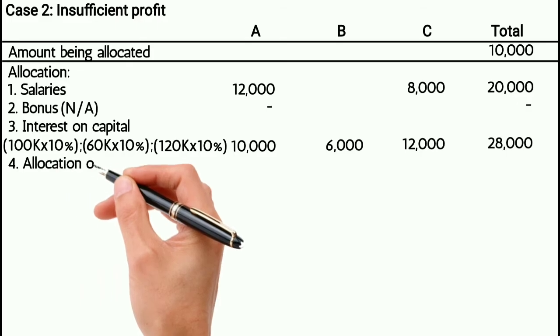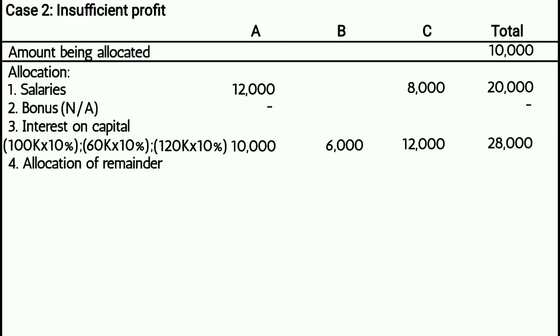Next, allocation of remainder. 10,000 pesos minus 20,000 pesos minus 28,000 pesos, that is equal to negative 38,000 pesos. These negative 38,000 pesos shall be allocated to the partners based on their profit or loss ratio.